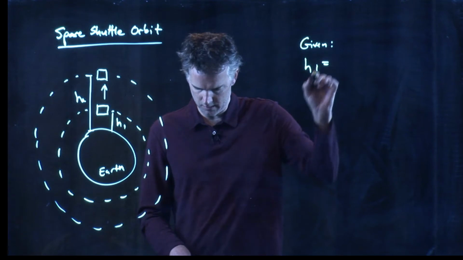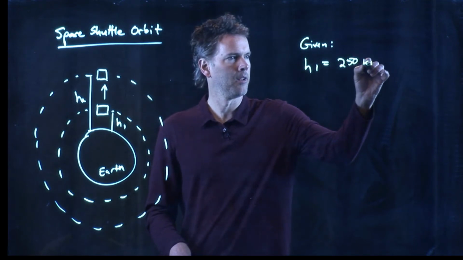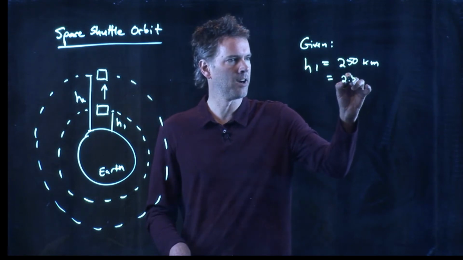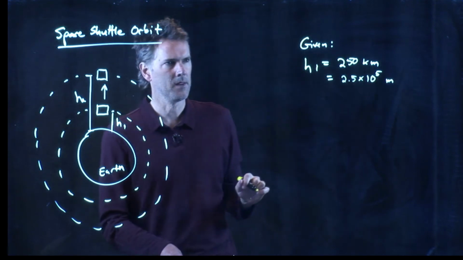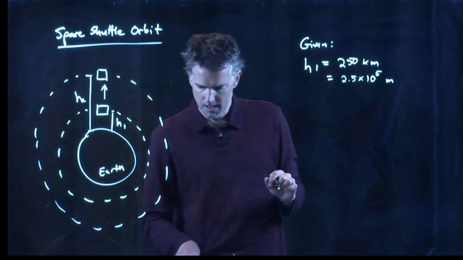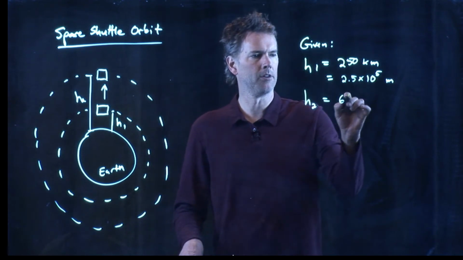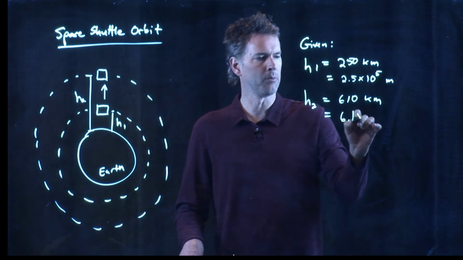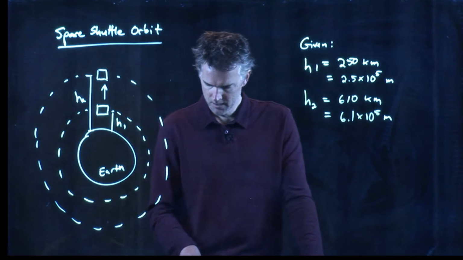H1 is 250 kilometers. And in SI units, that would be 2.5 times 10 to the 5 meters. And H2 is 610 kilometers, which would be 6.1 times 10 to the 5 meters.